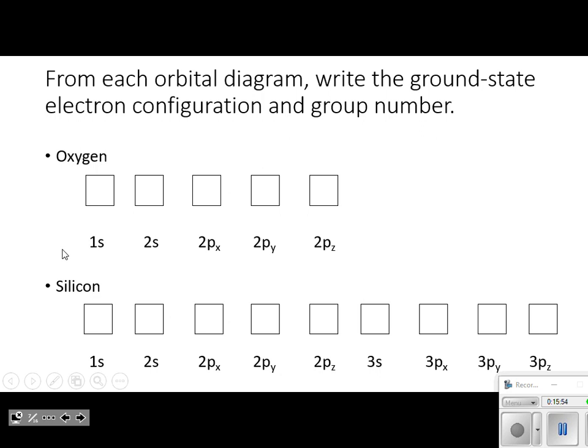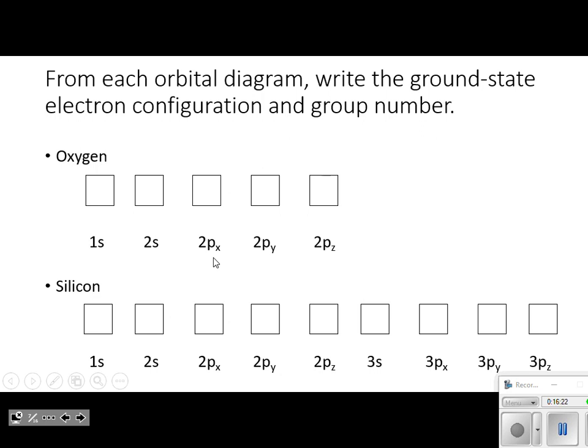So what this represents, the 1s orbital, main energy level 1, the S sublevel. The second one, main energy level 2, the S sublevel. And here are the 3 P orbitals that are on main energy level 2.